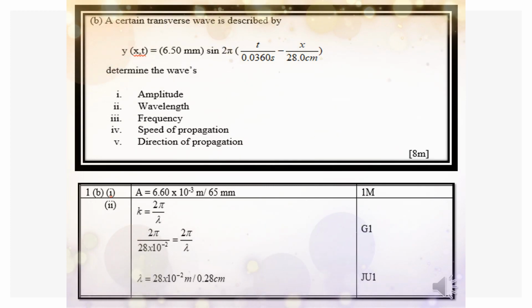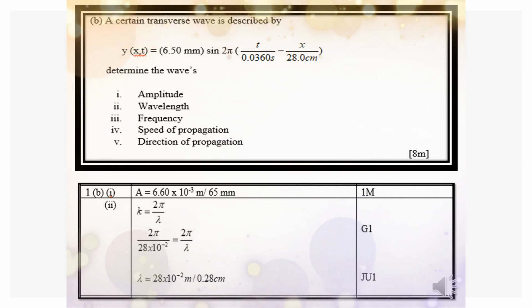Okay, kemudian untuk wavelength. Wavelength ada kaitan dengan wave number. So, from the equation, which one is wave number? Wave number is related with K, Kx. Jadi, kita tengok dekat sini ada 2 pi. Kita kembangkan dulu equation ini.